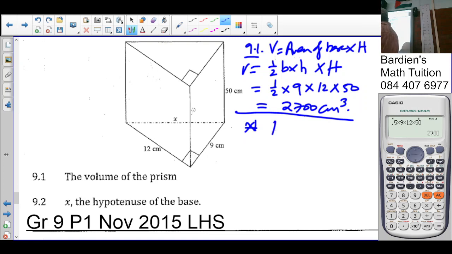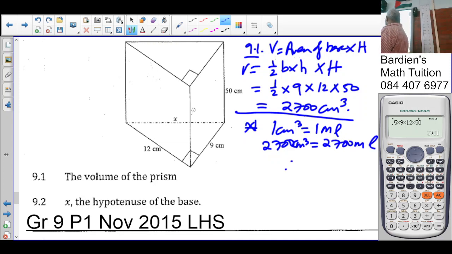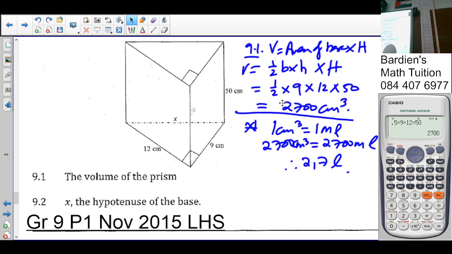So I said 1 centimeter cube is equal to 1 milliliter. So 2,700 centimeters cube is equal to 2,700 milliliters. So how many liters is this? How many milliliters in a liter? 1,000. So it's going to be 2,7 liters. If they ask you for the capacity, but it wasn't asked.